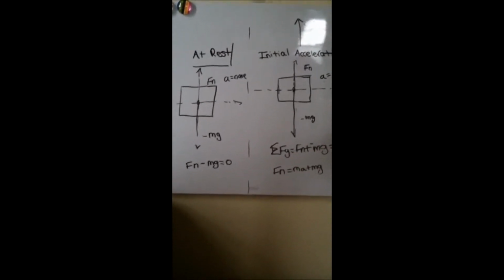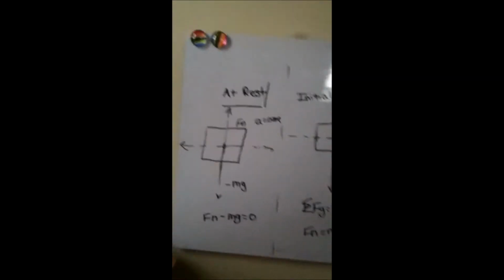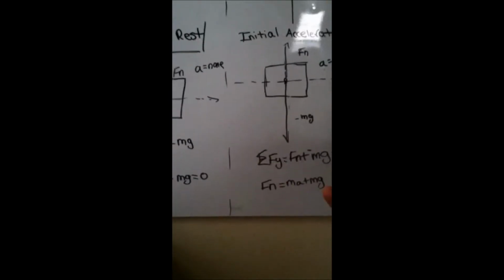Alright, this is the explanation behind the first part of motion for the elevator. So when the elevator starts to accelerate up initially, this is the explanation for why the weight is greater in that moment of time.